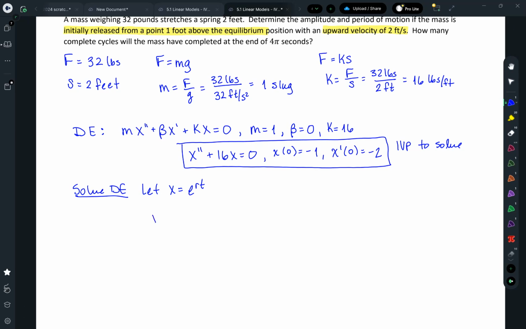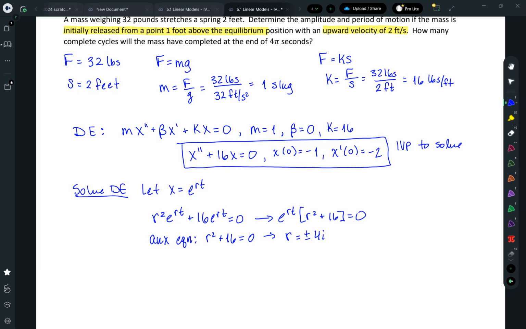So we get r squared e to the rt plus 16 e to the rt is 0. We factor out the e to the rt, and that leaves behind r squared plus 16, and that's all equal to 0. So our auxiliary equation is r squared plus 16 is 0, which means that r is equal to plus or minus 4i. Okay?